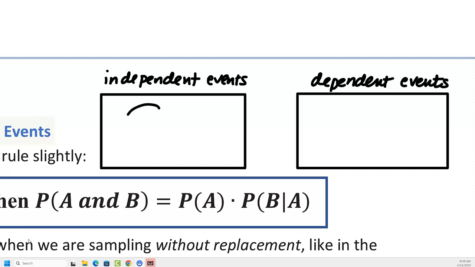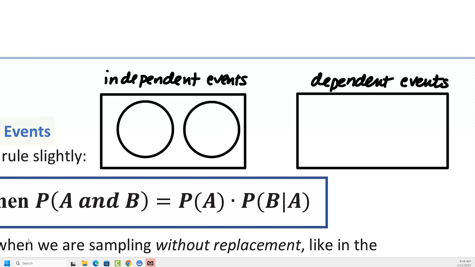So this is one event, event A. This one here is event B. Notice here there's no overlap for the two events.